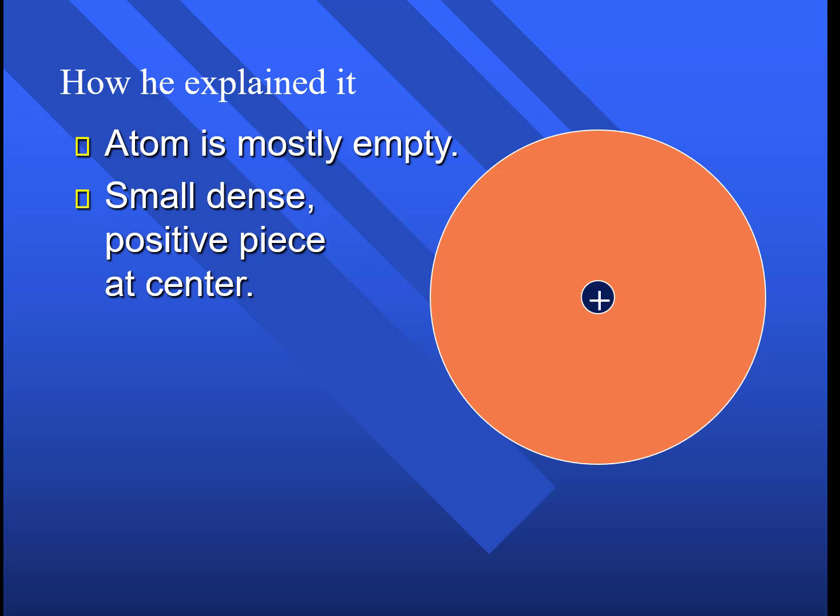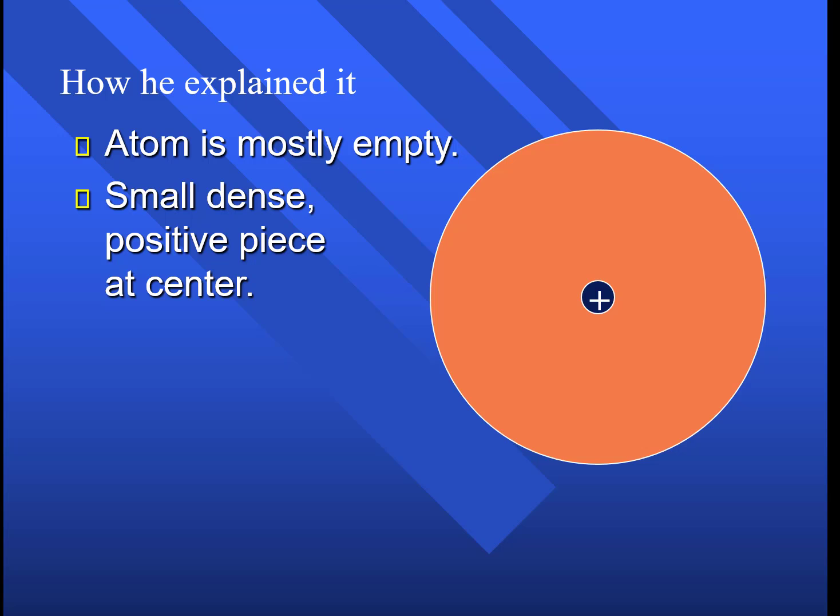It's a tiny number. So that told him that the nucleus had to be tiny. But because it had all the mass of the atom, because the electrons didn't weigh anything, all the mass had to be in that tiny little place. So I've got a big mass and a small volume.